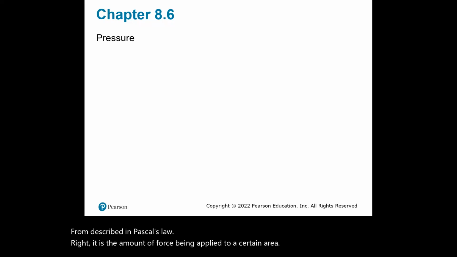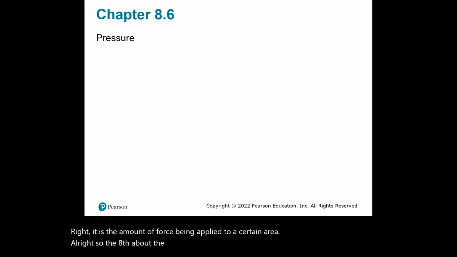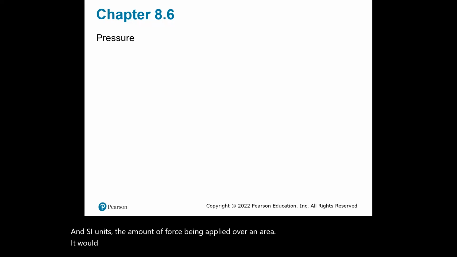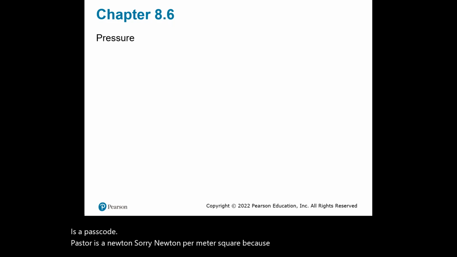In SI units, the amount of force being applied over an area is described by Pascal: a Pascal is a Newton per meter squared, because area is meter squared, sorry.